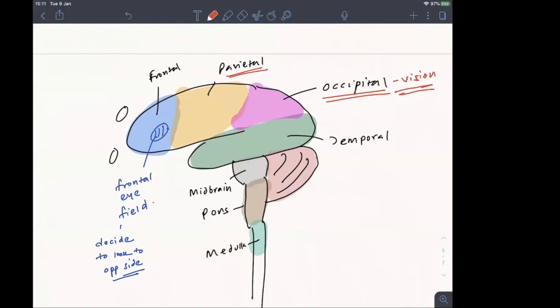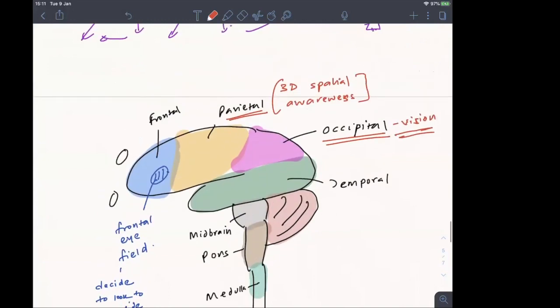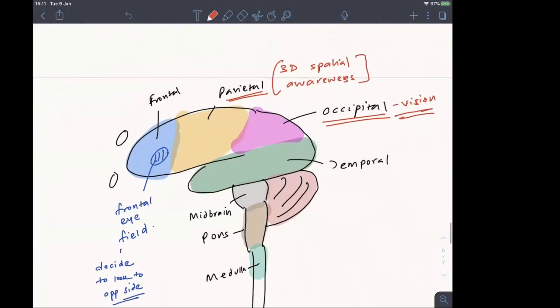Because the parietal lobe will give you a sort of three-dimensional spatial structure. So your awareness of your surroundings, of where you are, and what is the distance between you and other objects, that awareness happens in the parietal lobe. Without the parietal lobe, you won't really know where you are and where the surroundings are. So that gives you a sort of three-dimensional awareness.